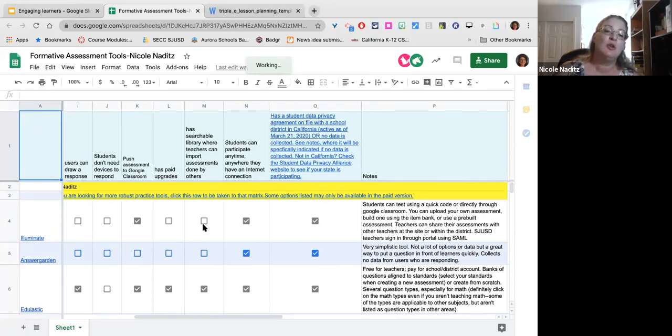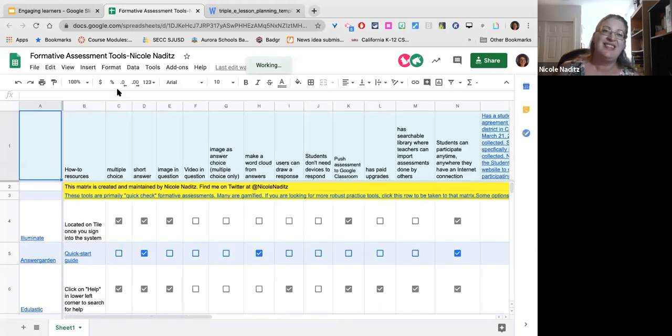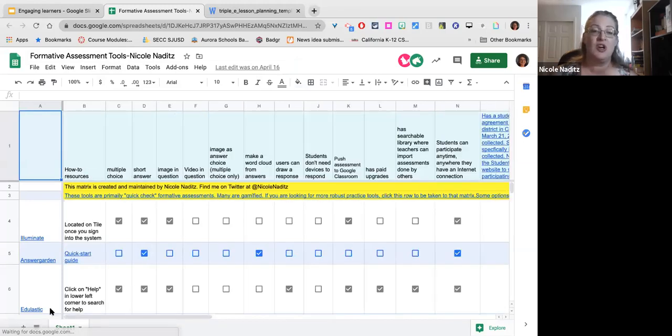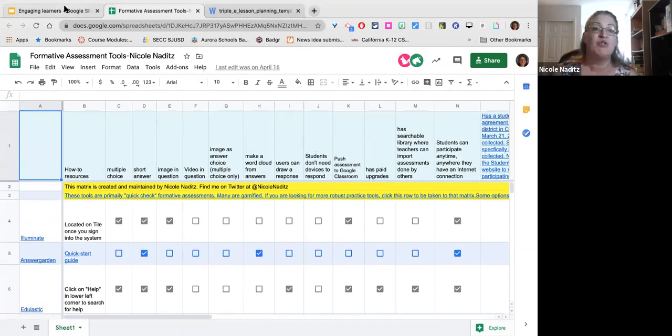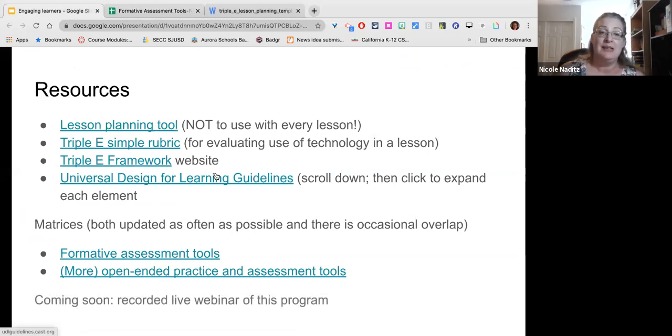There's a very similar one for practice tools like Adobe Spark and more open-ended things like Padlet, and so on. So again, the formative assessment tools matrix is mostly focused on those tools that are quick checks for understanding, primarily through multiple choice questions used in a variety of ways. And the practice activities matrix also could be used for assessment, and they tend to be more open-ended.